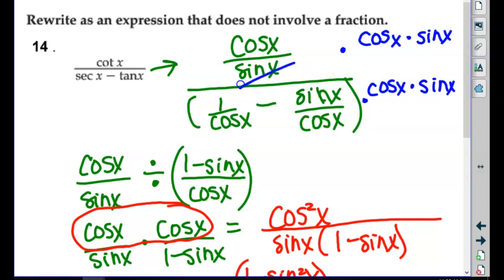Here on the top, these would divide out, and we'd get a what? Cosine squared. In the denominator, if I multiply this cosine sine times this, cosine will cancel, and I'll get, no, just sine.